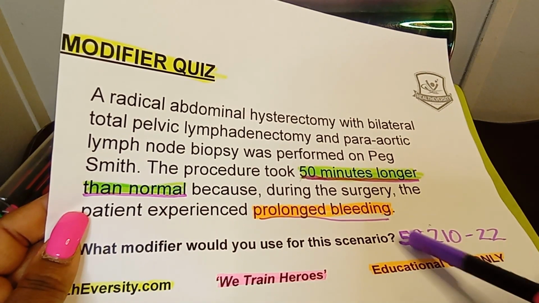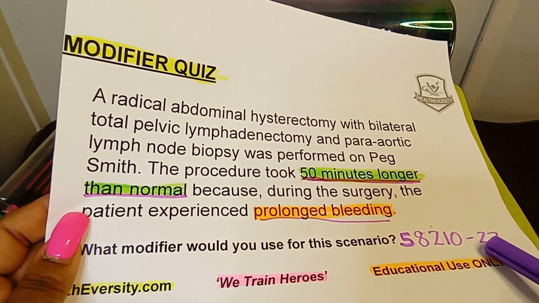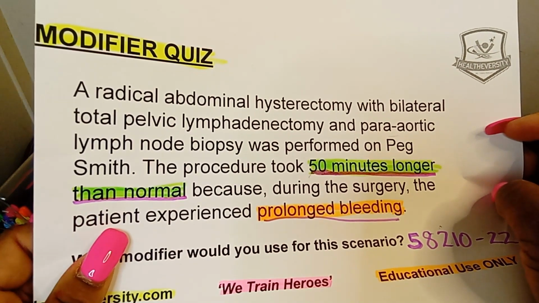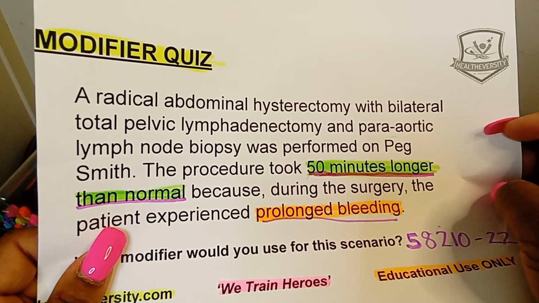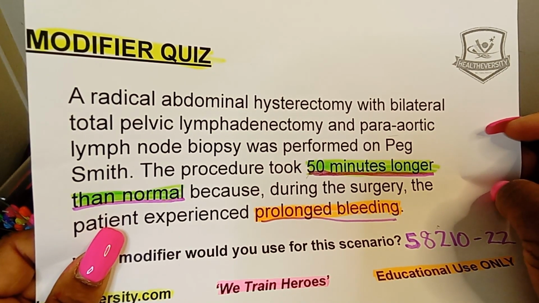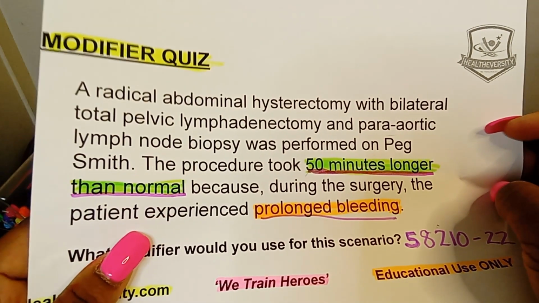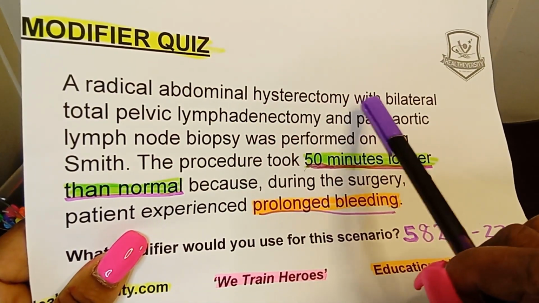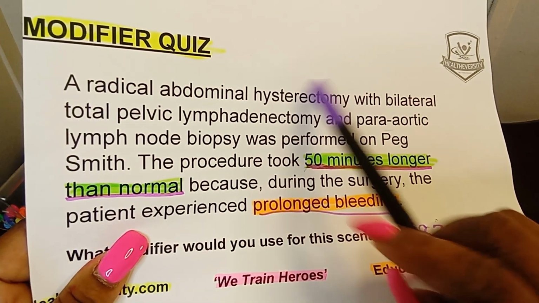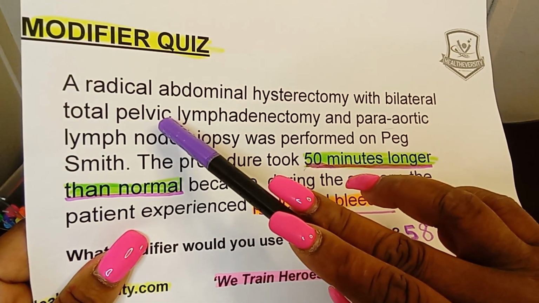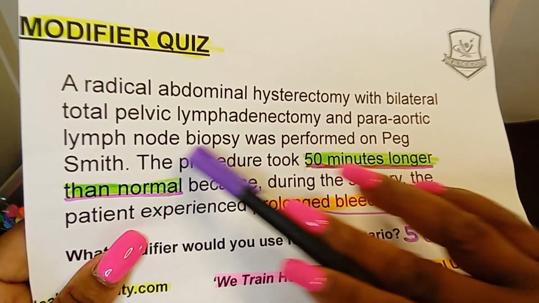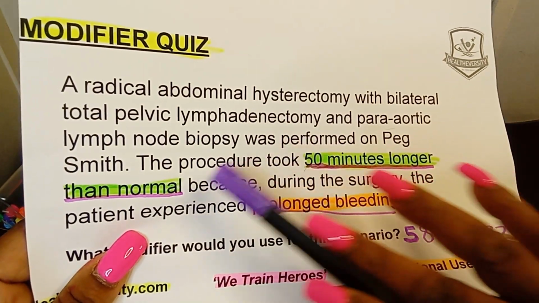I wrote the answer right here, but we're going to break it down a little bit more as to why we use the modifier, when it is used, and how it is worded in a scenario. Okay, a radical abdominal hysterectomy with bilateral total pelvic lymphadenectomy and a para-aortic lymph node biopsy was performed on Peg Smith.